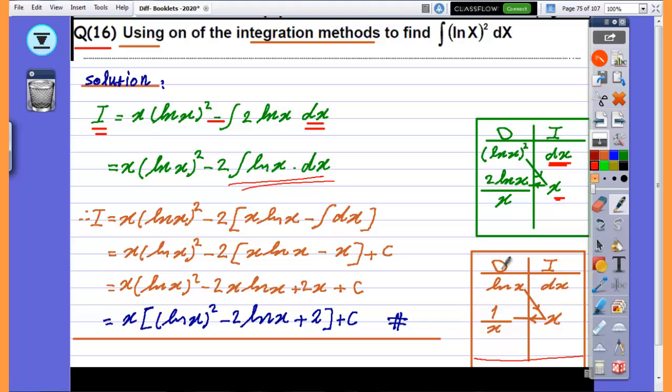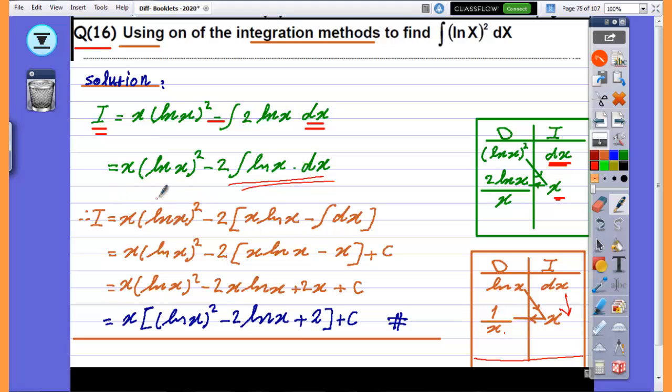We differentiate ln x, which is easy: the result is 1 over x, and the integration of dx is x. It is the same step. So the result equals ln x multiply x minus the integration of x by 1 over x dx.